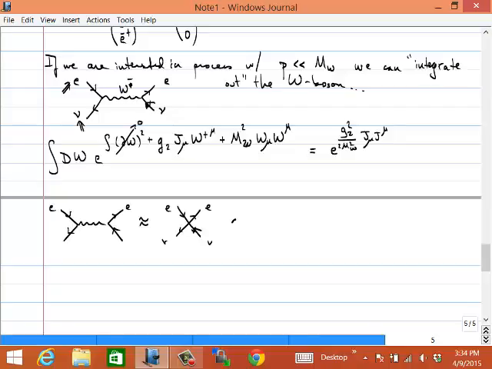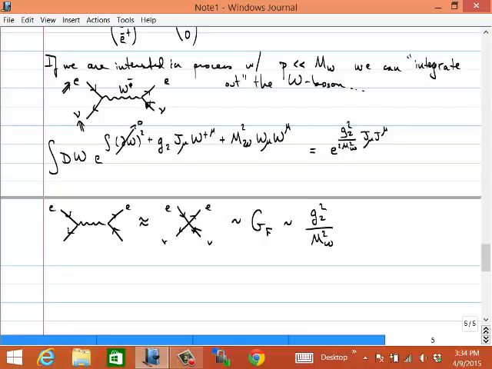And the strength of this interaction, a 4 Fermi interaction, is called a Fermi interaction, okay? And its coupling is called the Fermi coupling, G. And the strength of that coupling is going to be G2 squared over the mass of the W squared.